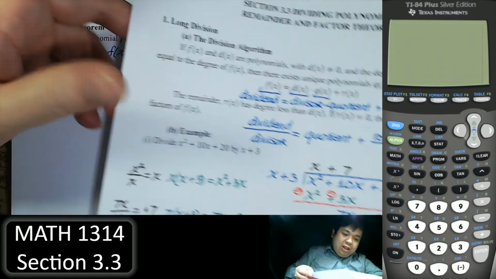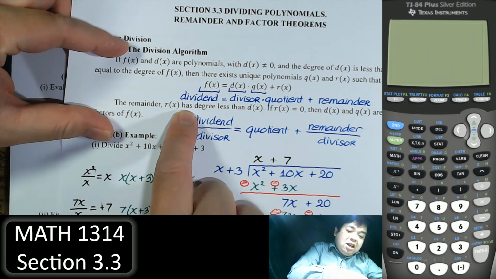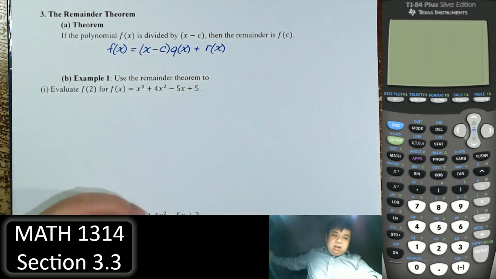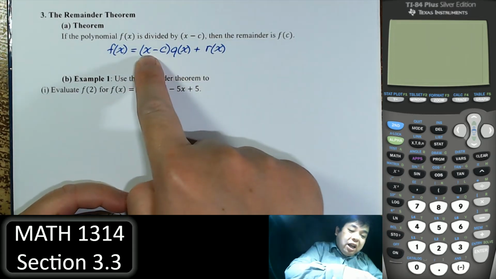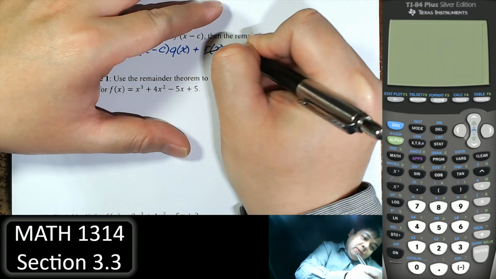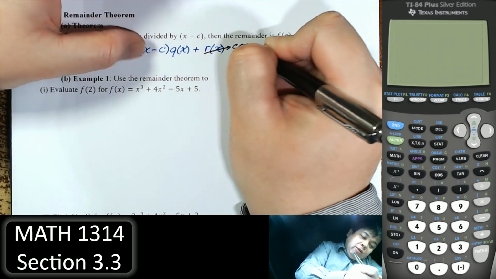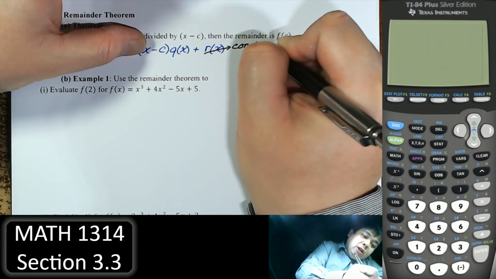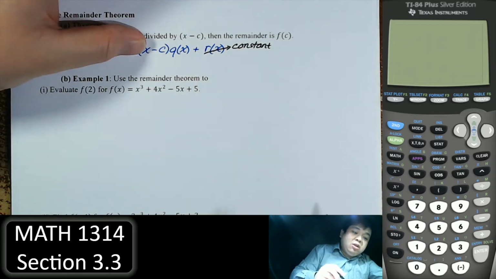So I should say the remainder has degree less than the divisor. So the degree of the remainder is less than that of x minus c. So this is just a constant, because the divisor is x minus c. A degree less than that must be constant.